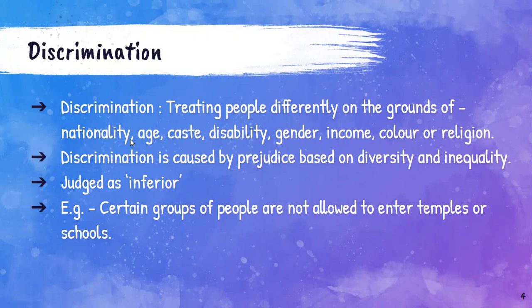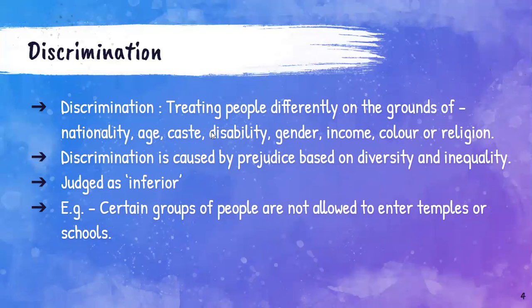Or maybe you have income, oh, if you're not rich, if you do not earn more than a particular amount, sorry, you cannot go to this particular hotel. So these are examples of discrimination, students, when people are treated differently on the grounds of nationality, age, caste, disability, gender.